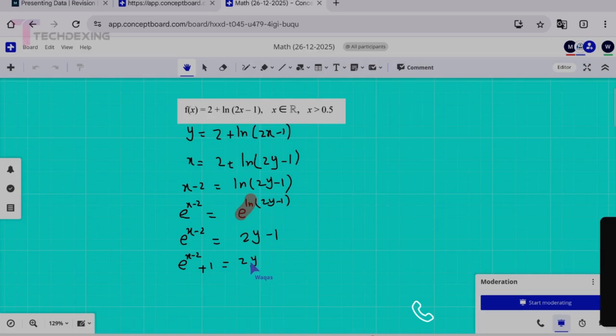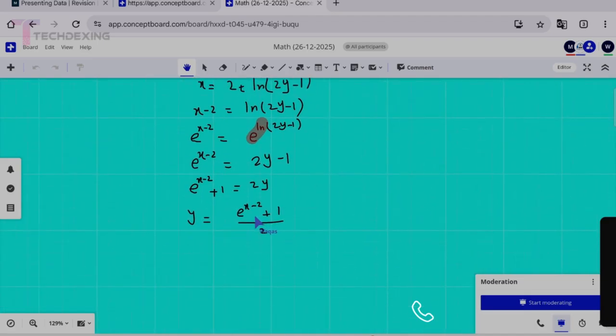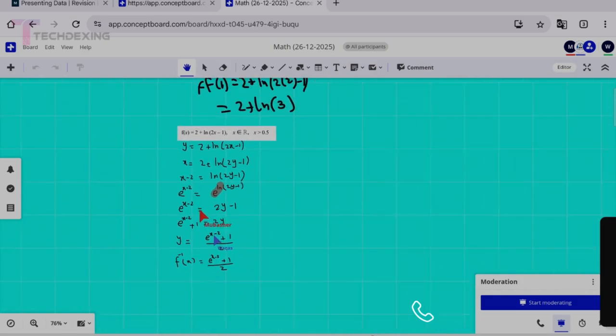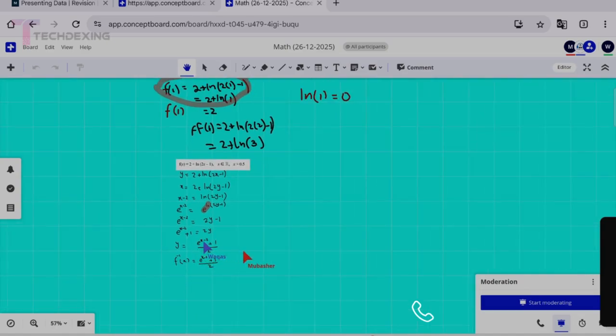In other words, y equals (e to the power of x minus 2 plus 1) divided by 2, and at the end we can write it as f inverse x equals (e to the power of x minus 2 plus 1) divided by 2. This will be our final answer for the inverse of the function. I hope you understand this.